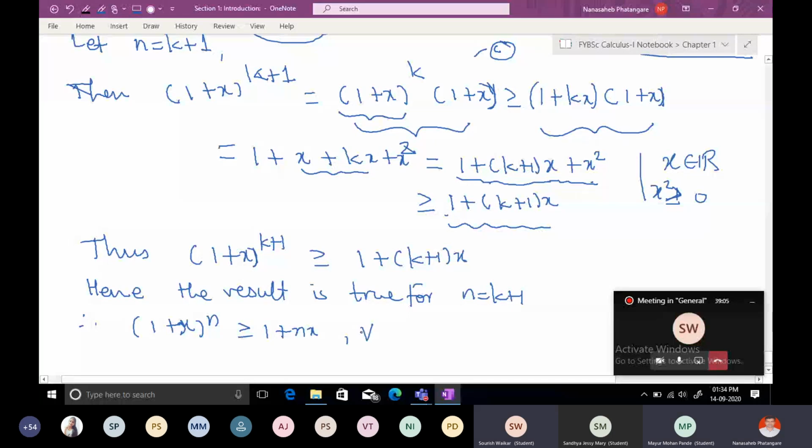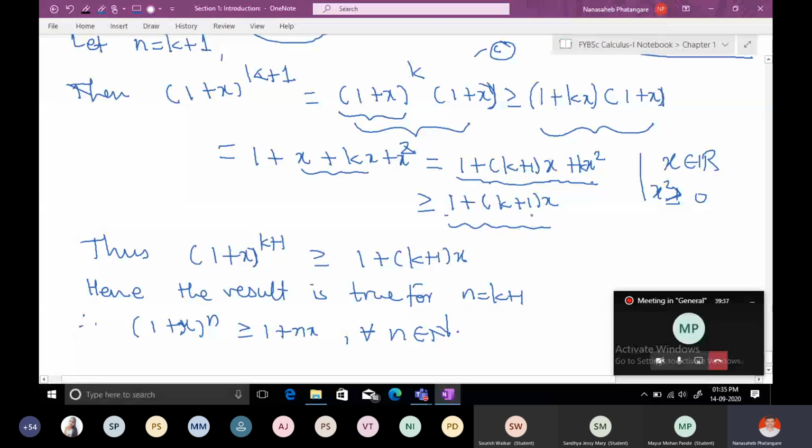Oh, sorry. Okay. Right. So here it is kx square, but still it is positive, no problem, because k is a natural number. So kx square is positive, that makes sense. Otherwise, if you neglect a negative term, then the quantity may not be smaller, it might be larger.